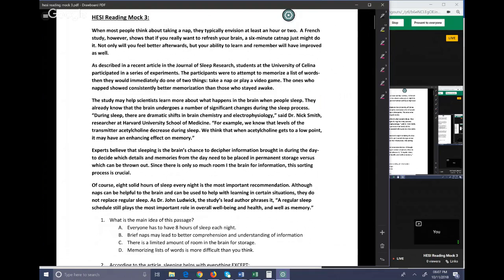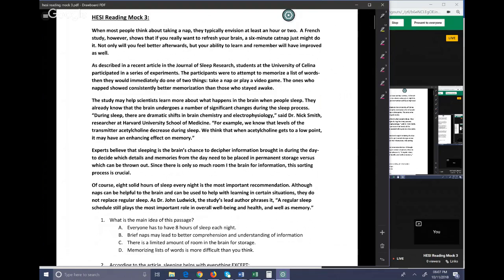So some of these passages have content crossover with the actual versions that are available of the HESI. I won't necessarily point out which ones do, and I will tell you, I write the passages differently. So when I say that there is content crossover, what I basically mean is you could get a passage on your HESI that talks about the same thing that I'm talking about in my passage.